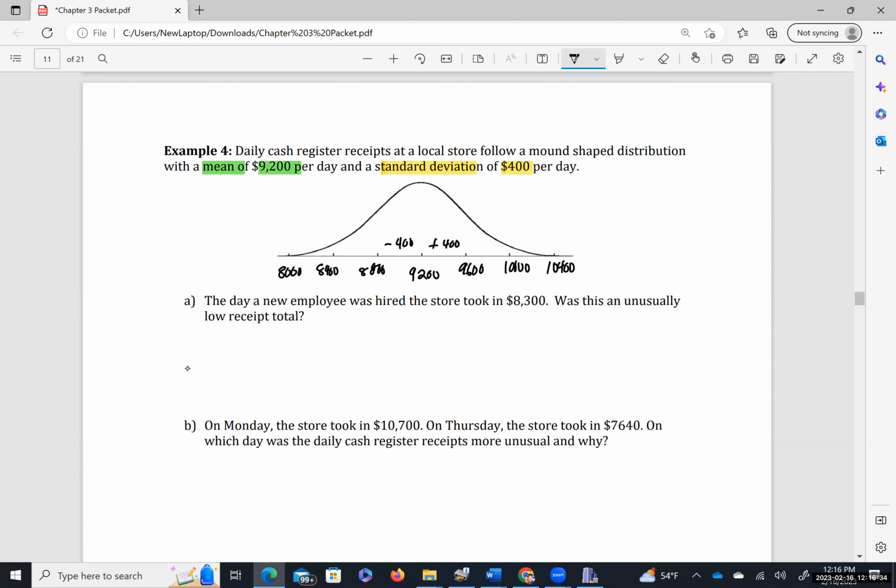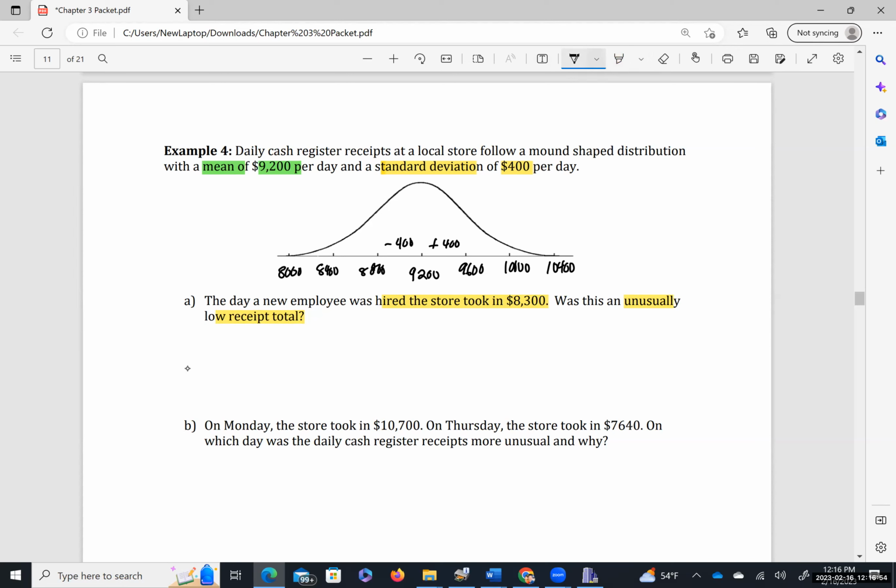Now the question says that on the day a new employee was hired, the store took in 8,300. Was this an unusually low receipt total?